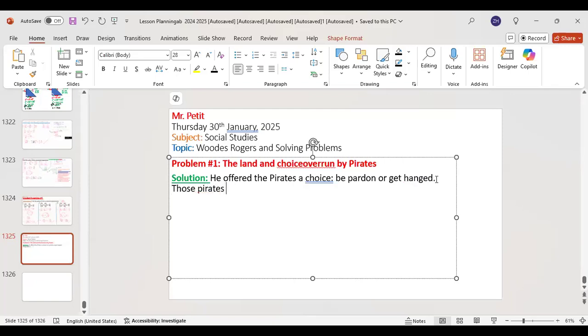Those pirates who renounce piracy and turn to the good side were what? Forgiven.